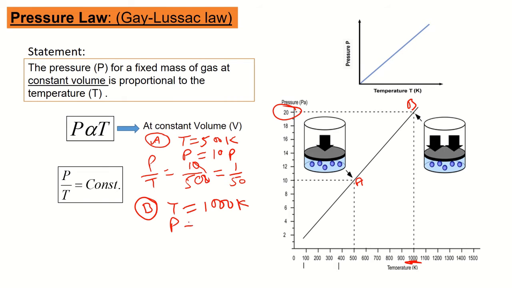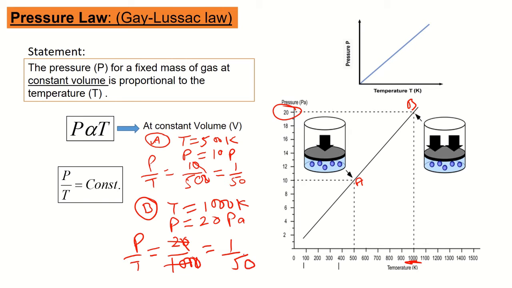Now we can take the ratio of P over T for the other point. The P value is 20 Pascal and this is 1000. If we solve this one, the zeros cancel, and it will come 1 over 50.